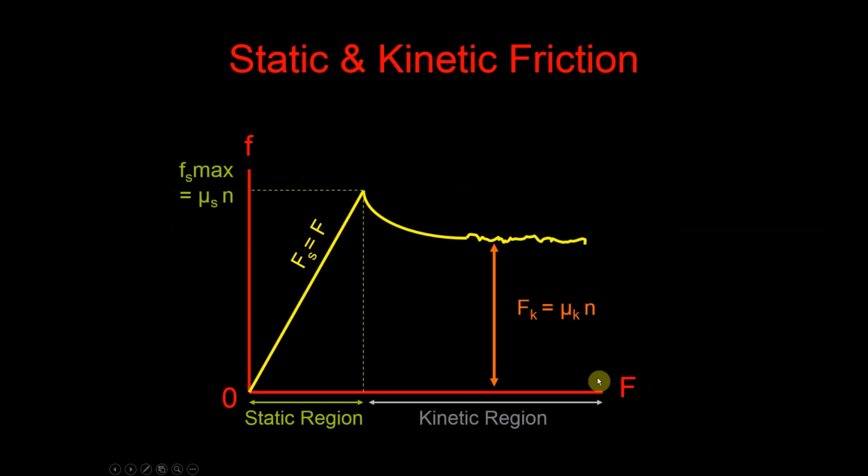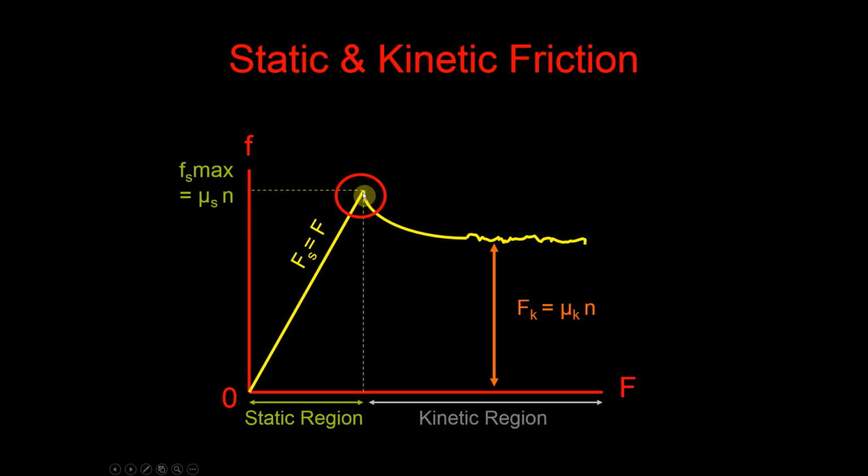And that gives way to a graph such as this, where this is frictional force here, and this is driving force here. Static friction is shown here. So here we have a static region and a kinetic region. As we increase our driving force, force goes up and up, and that means our static friction increases. Eventually, we reach a point where our driving force exceeds our static friction.